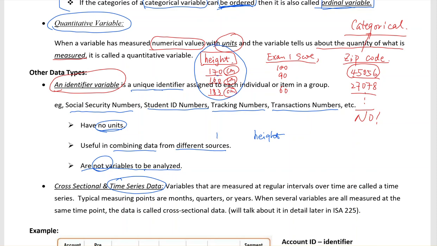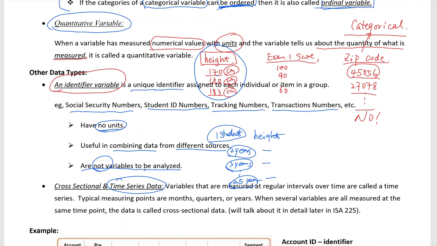It is just for one student, but you record or measure his height from 2 years old, 3 years old, until 25 years old. So I just record the height of one subject over time. Then this kind of variable is called time series data.